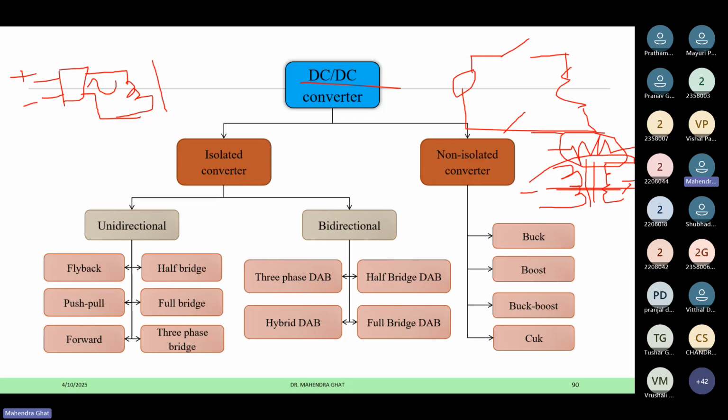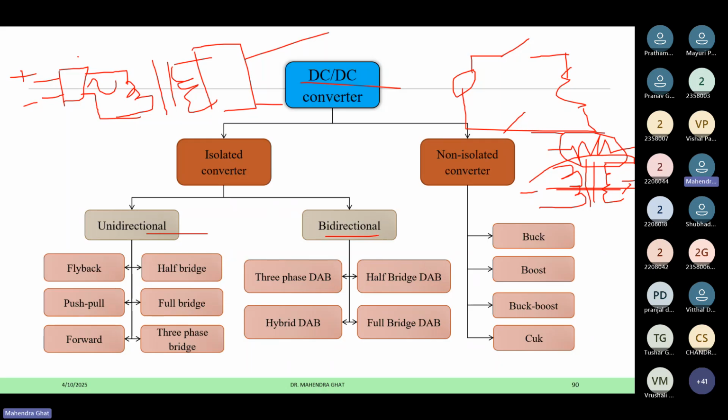Again, it will be coupled with a high frequency transformer, and the secondary will have some power electronics to convert to DC. This is the type where we use the isolated converter. Again, in isolated converters there are two types: unidirectional and bidirectional.